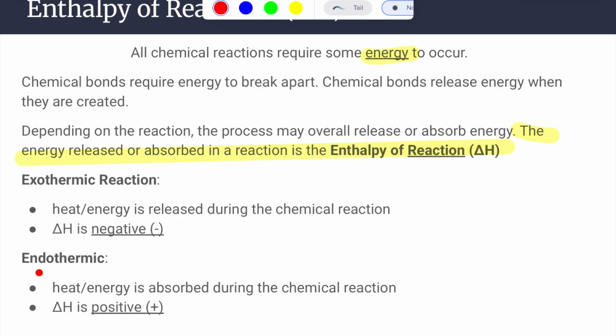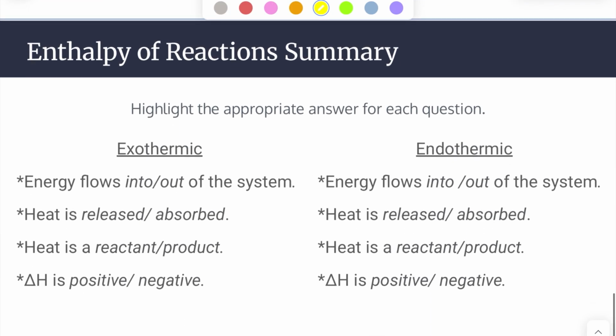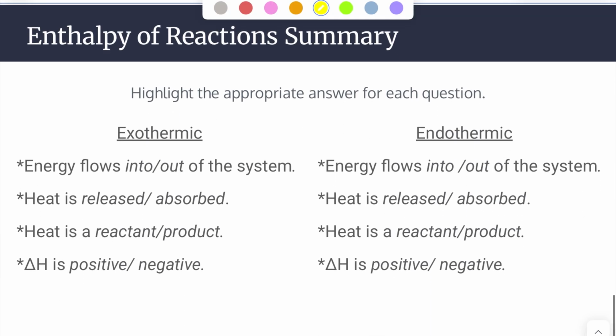In an endothermic reaction, heat energy is absorbed, and so that means that our energy, or enthalpy of reaction, is going to be a positive value. So a lot of kind of new vocab in this unit.